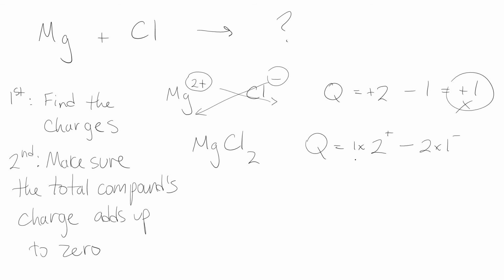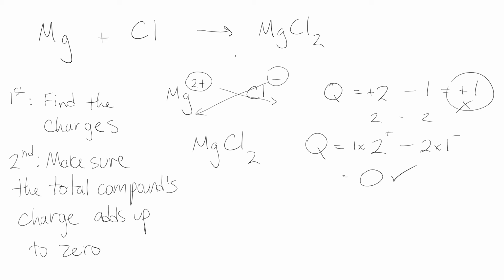So what happens is we have 2 minus 2, or 0. And indeed, we have that. The cross charge method will work for basically all of your compounds. And so when we react magnesium with chlorine, we will get magnesium chloride.